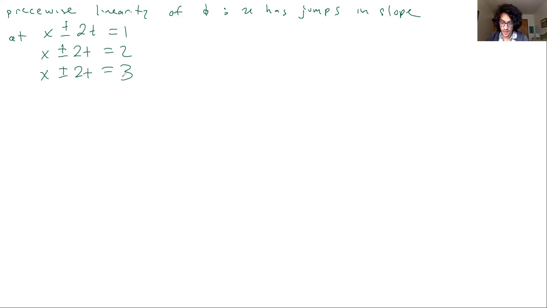And just to illustrate that, let's draw our tent function, or just draw the region where a tent function is defined. So this is our x-axis. This is 1, 2, 3. This is our t-axis here.